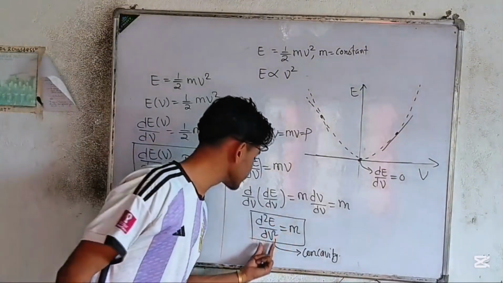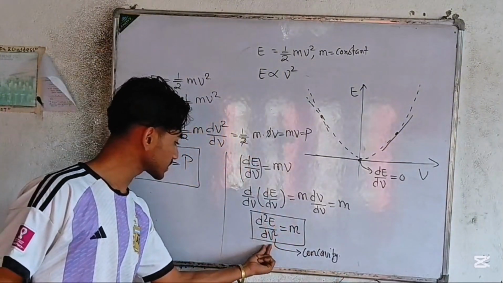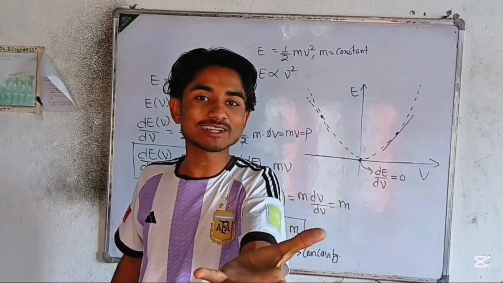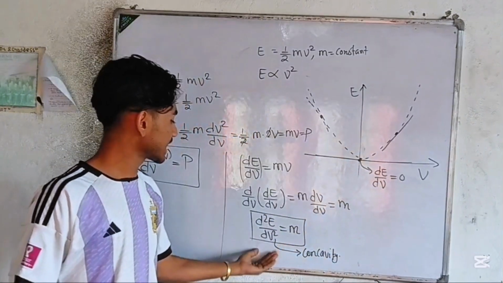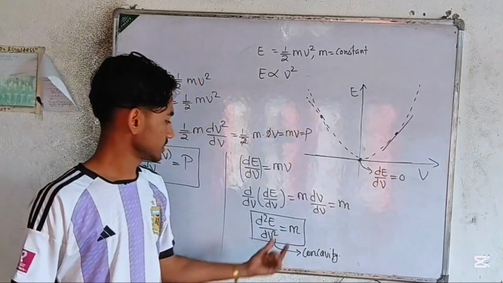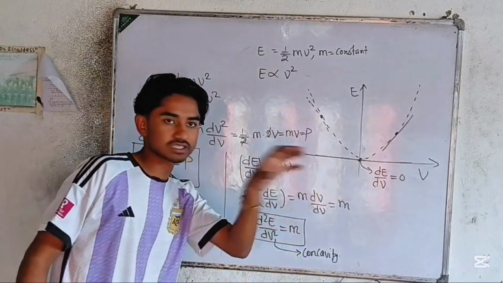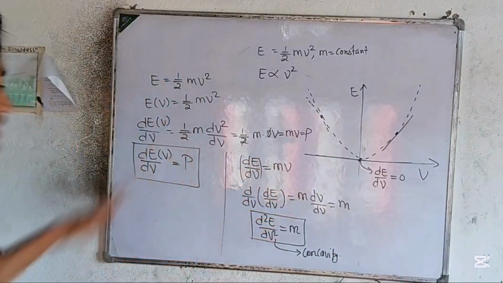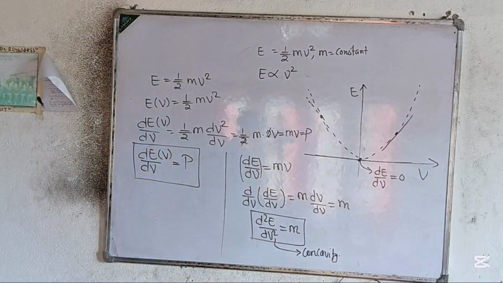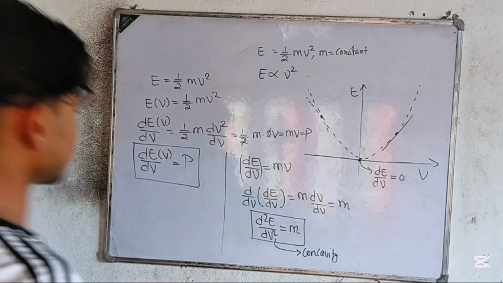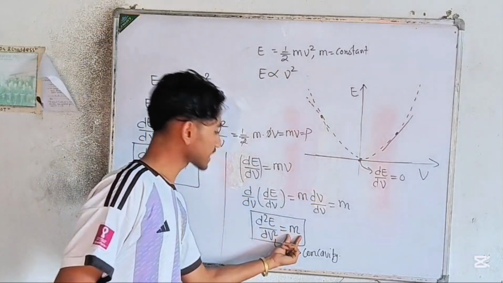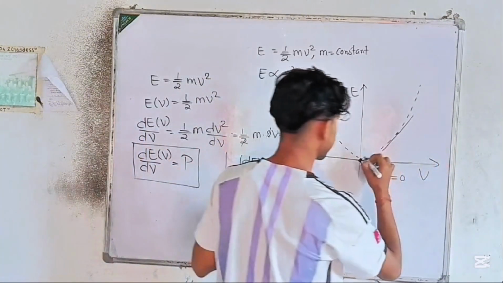The second differentiation of energy with respect to velocity just gives you the mass, which is equivalent to the inertia, that is, how much inertia is present in the system. So the more mass you have, the more concavity you get.